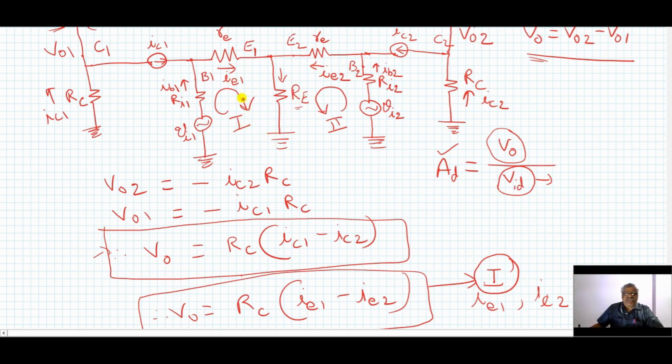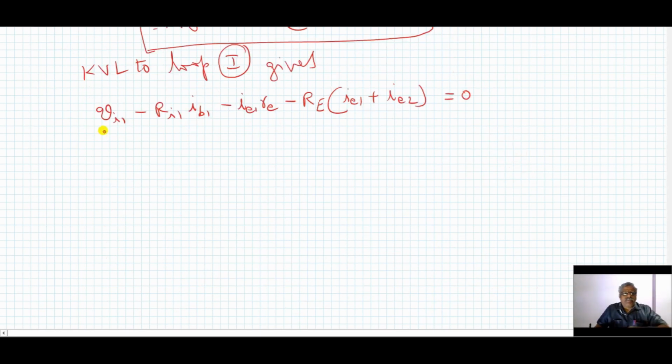By rearranging the terms, we can do some mathematics, and in the same way for the second loop also we can write easily another loop equation: VI2 minus RI2 into IB2 minus small re into IE2 minus capital RE into IE1 plus IE2 is equal to 0. Then we can rearrange the terms. Let us write the equations.